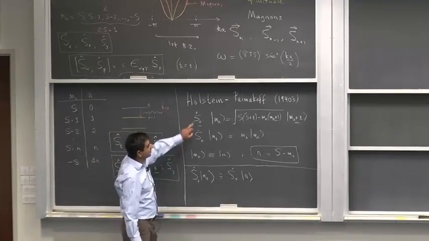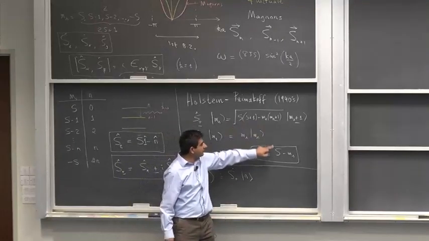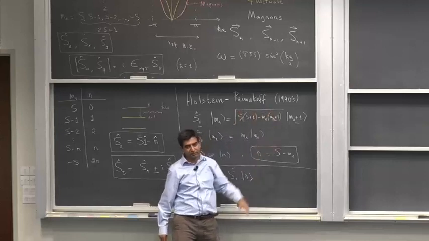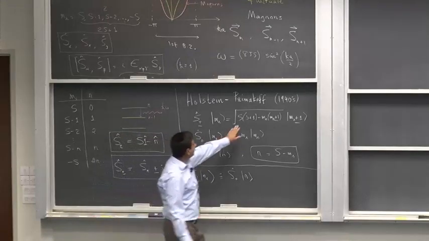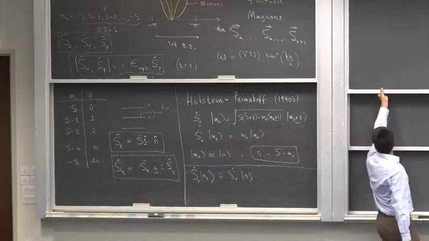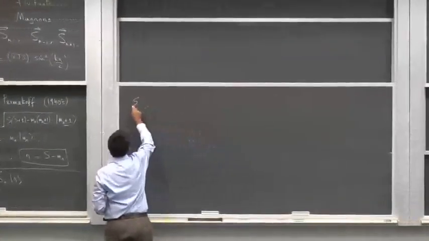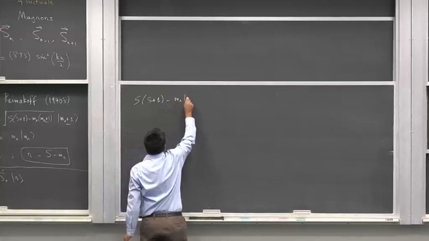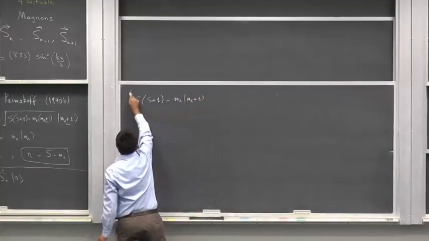I know from this relationship, so what I can do is replace the ms by n's and see what this coefficient is going to turn out as. So what I'm going to do now is take this coefficient here, (s plus 1 minus ms)(s plus ms plus 1), to the power 1/2.